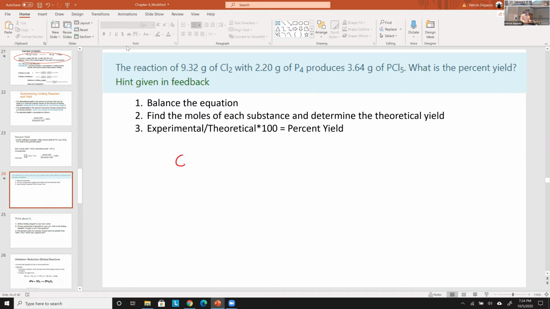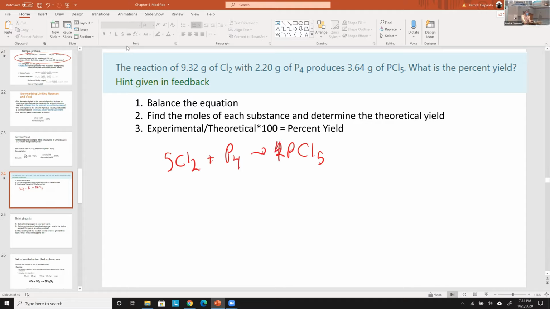So Cl2 plus P4 makes PCl5. All right, so let's do what we do best, which is the balancing. So Cl2, Cl5. Put a 2 there, put a 5 there. Nice. P4, 2P. Okay, let's put a 4 here.